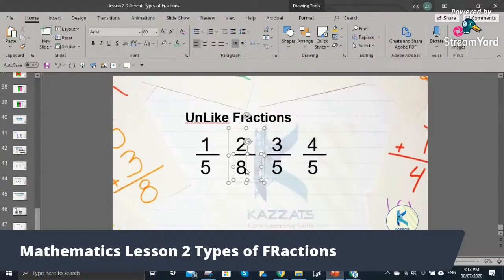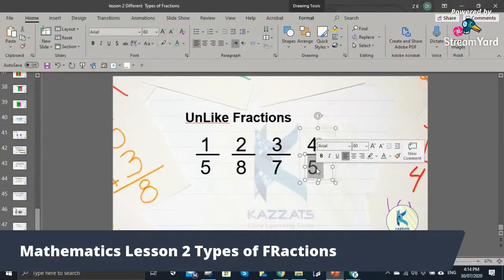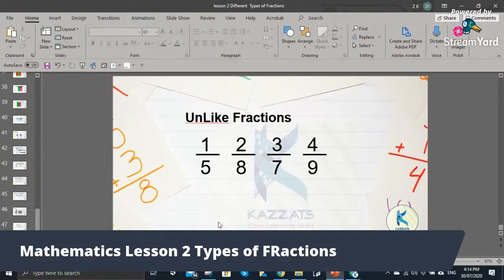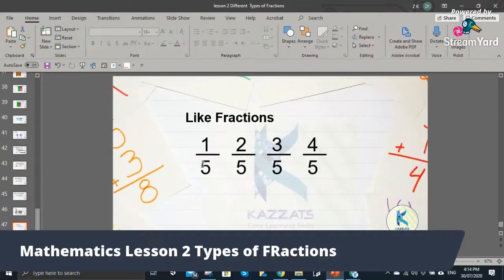Here I have 8, over here 7, and over here, let's say, 9. Can you see? We are not talking about the numerators right now. We are just talking about the denominators. If the denominators are different, they are unlike.